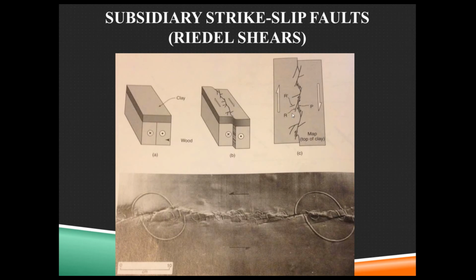If we look at the top of it, we can see there are some that are pretty close to parallel and some that are close to perpendicular. And these are the Riedel shears. This is because the crust is going to deform mostly brittlely, but there is plastic deformation as well.